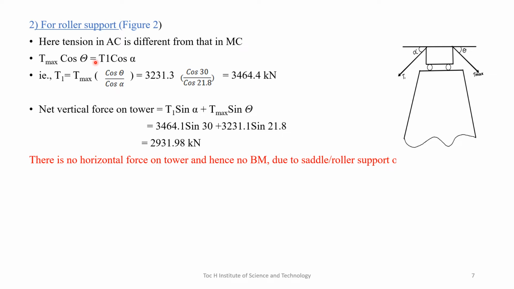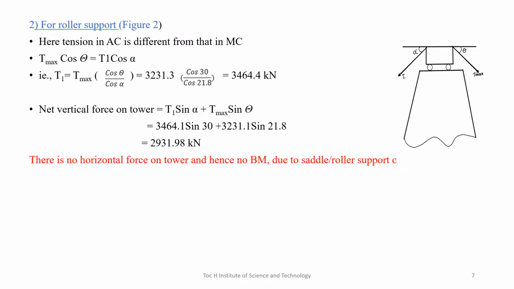In this case also, the alpha angle is given and is the same as the previous one. So the net vertical force on the tower is equal to T1 sin alpha plus T max sin theta, and that's equal to 2931.98 kilonewton. And as we already know, for a roller support the horizontal force is 0, so there will not be any bending moment in the roller support.